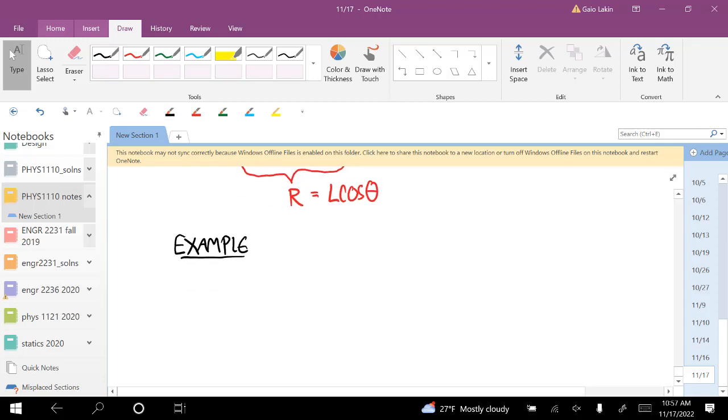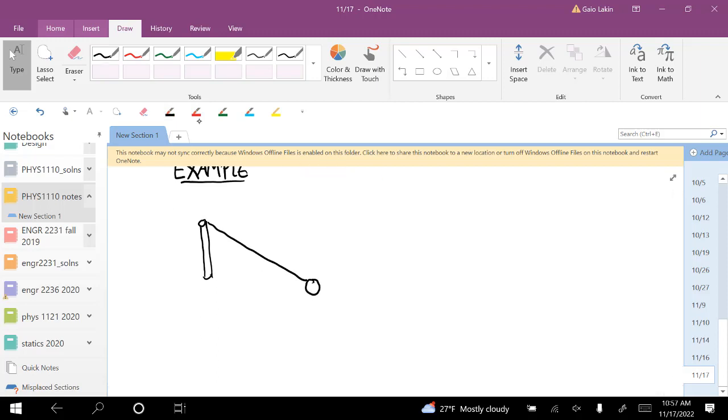Okay, so let's say we have a problem like this. This object's traveling in a circular path like that.